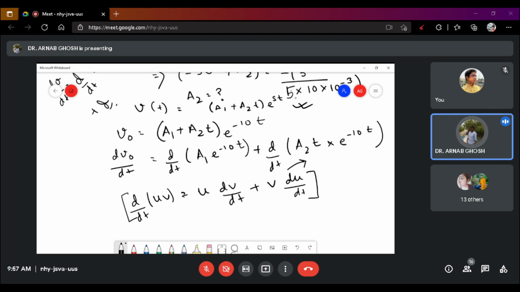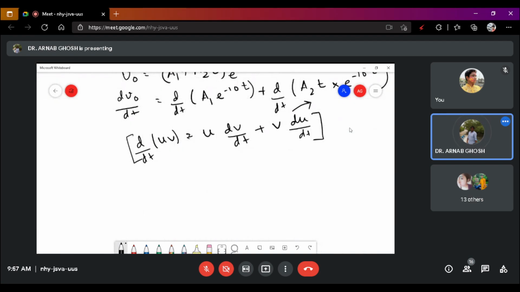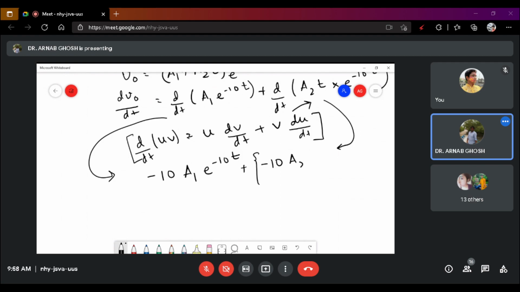For the first you get simply minus 10 A1 into e to the power minus 10t, and for this you get minus 10 A2 t into e to the power minus 10t plus A2 into e to the power minus 10t, if you are considering this as u and this as v.